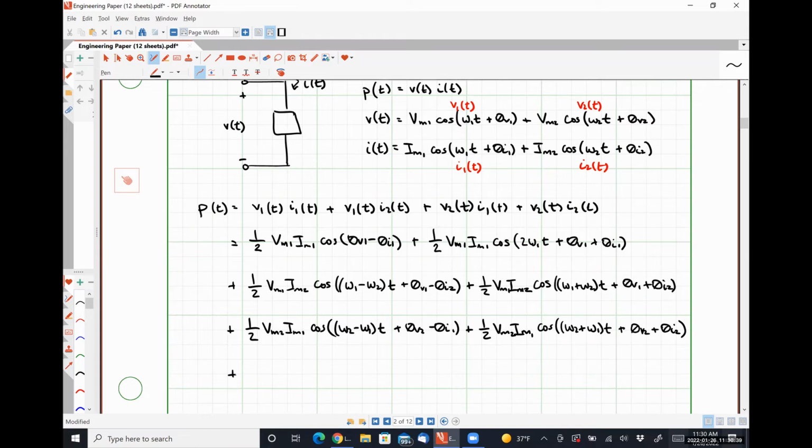And so that's going to look very similar to our first expression, where we have 1/2 Vm2 Im2 cosine theta V2 minus theta I2 plus 1/2 Vm2 Im2 cosine twice omega 2 times t plus theta V2 plus theta I2.